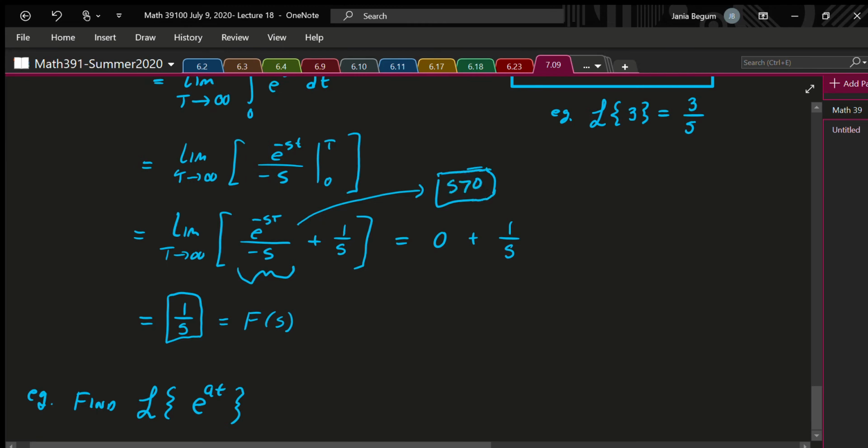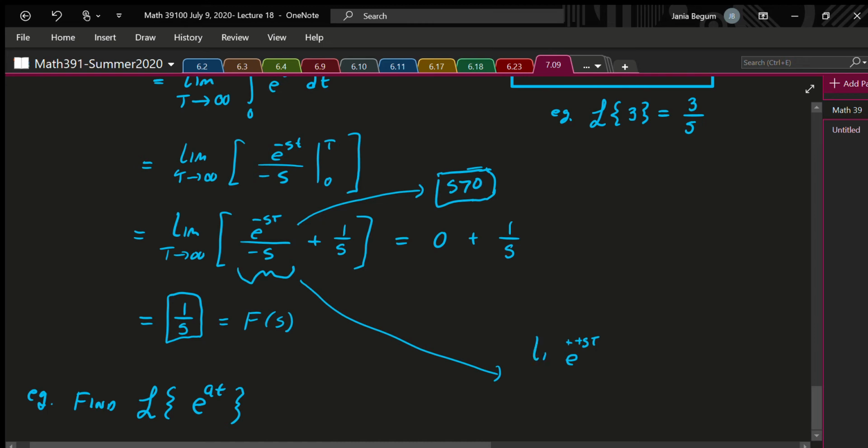So why do we want s to be positive? Let's think about this for a while. What happens if s is negative? Right, so s is negative, and with that negative sign, you will have e to the negative negative st, and that turns into positive.